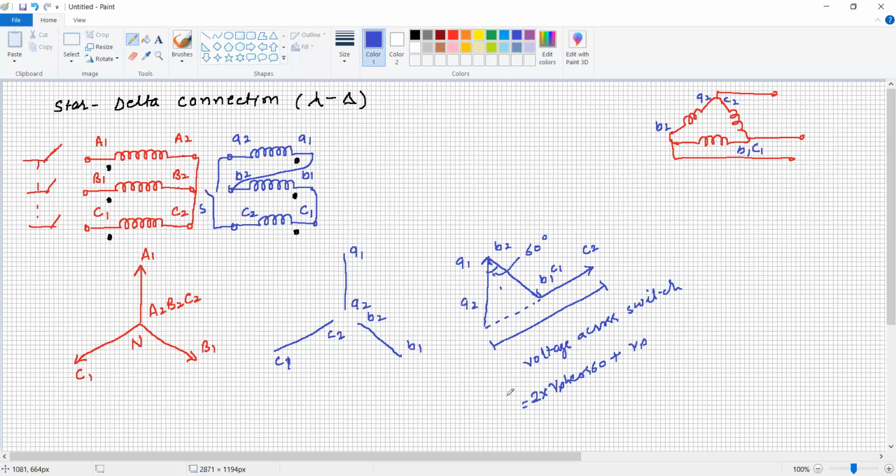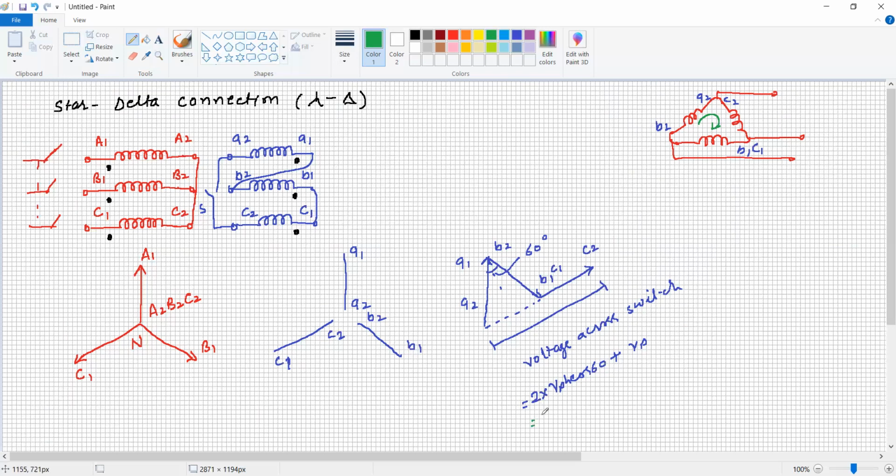And if there is a voltage across this switch, as soon as the switch closes, it will circulate a large current in the delta. Because the impedance of the per phase winding is very small, a very large current will circulate.